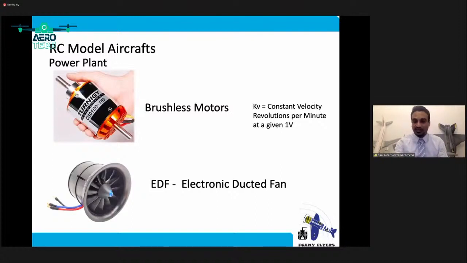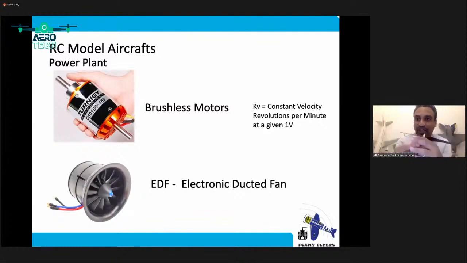Brushless motors are defined by their kV ratings. Over here, I have a brushless motor, which is connected to a propeller, obviously. And as you can see, this has three wires coming out of it. I'll show you what it actually does.